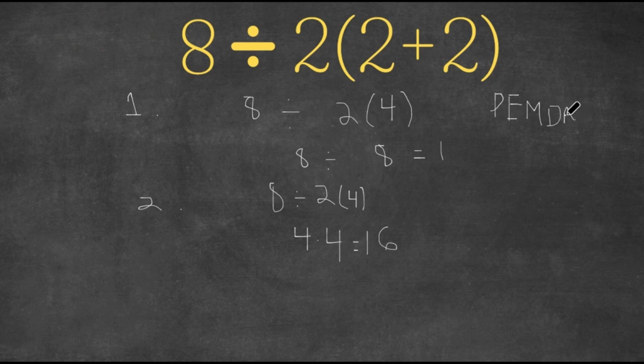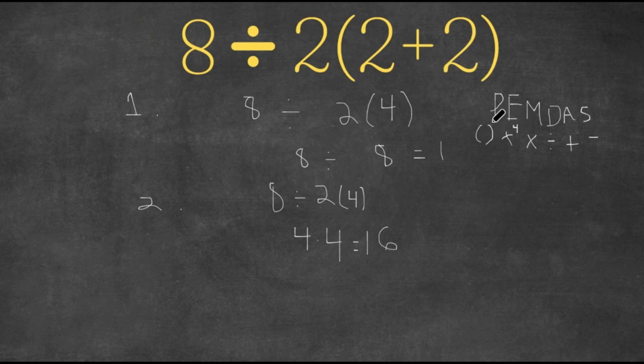PEMDAS is, well, the P stands for parentheses, the E stands for exponent, so we have like x to the power 4, the M stands for multiplication, the D stands for division, the A stands for addition, and the S stands for subtraction. So this is the order of operations that you use to solve an equation or expression.